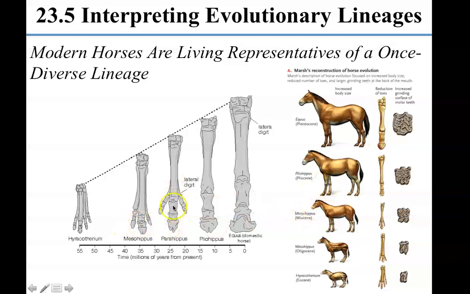It was walking on its middle toe, and the toes on either side were kind of off the ground, hanging. Then later horses walk on 1 toe, and the toenail started to become a hoof. In the modern horse, this is a modern horse leg, and it's walking on its middle finger, basically. Its hoof is basically its middle claw or fingernail, and these side toes have become really small bones on either side of its leg.